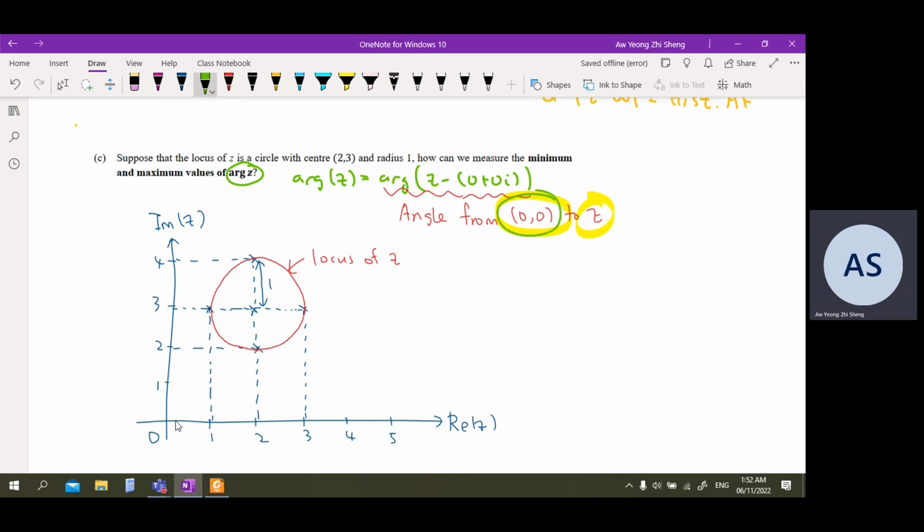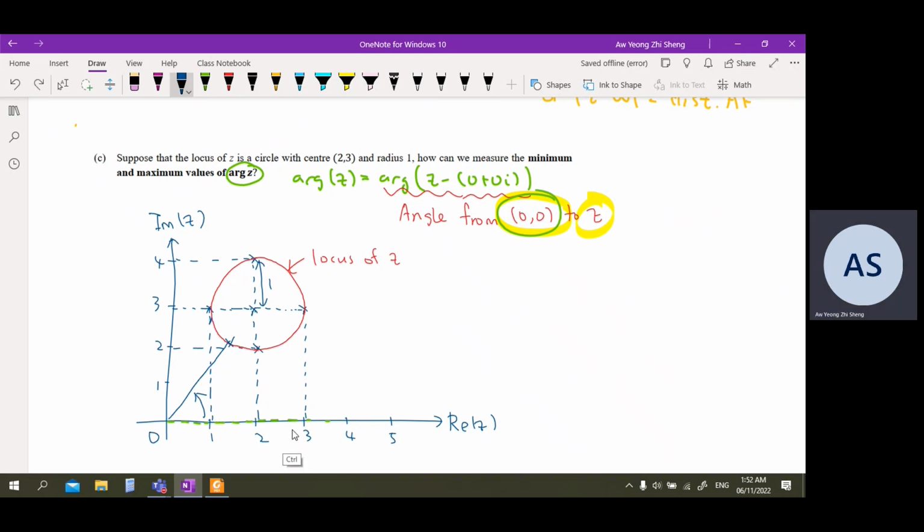So I will draw a horizontal dotted line from the origin. If my z is here, then I would measure argument z like this. If my z is here, then I would measure my argument z like this.